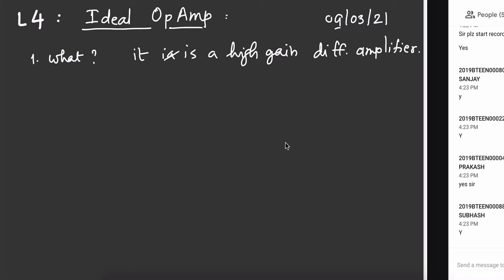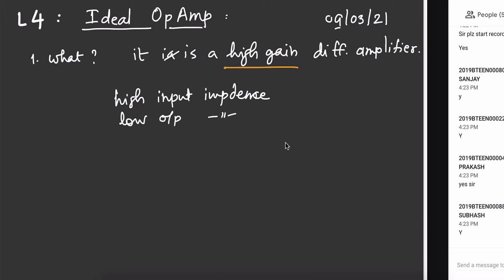And additional characteristics other than high gain, it has high input impedance, low output impedance, and infinite or high bandwidth. So these are the characteristics of the op-amp.